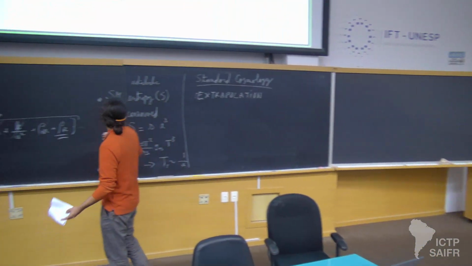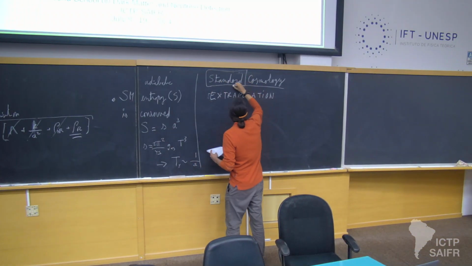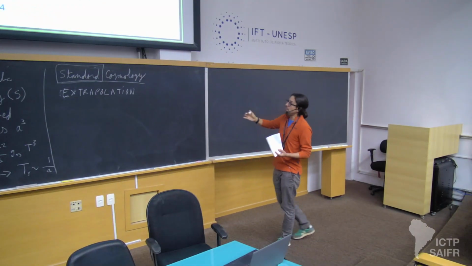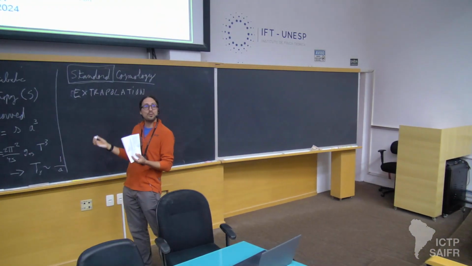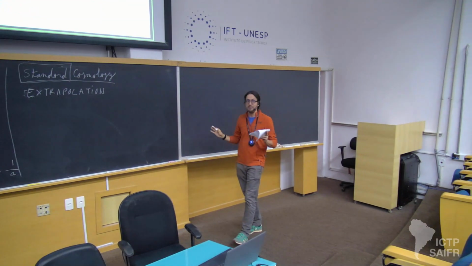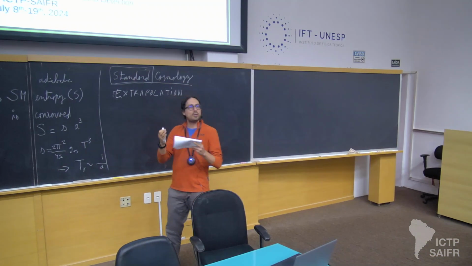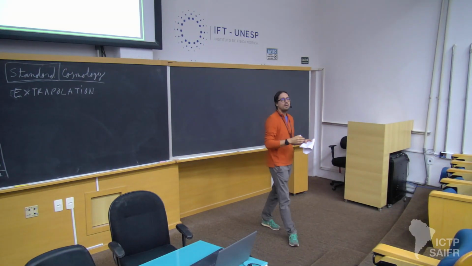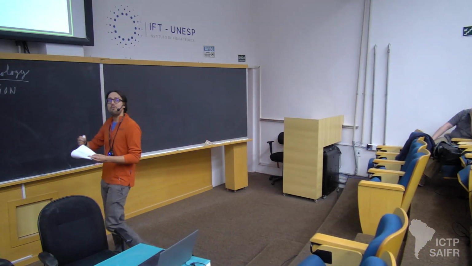So in standard cosmology, we have the word standard, the standard model for the cosmological model. But this word is also in the standard model of particle physics, and the same word has a completely different meaning. When we say standard model of particle physics, standard means that this model has been tested to death. We are super sure of the validity of the standard model up to the TeV scale, and we are never doing an extrapolation.